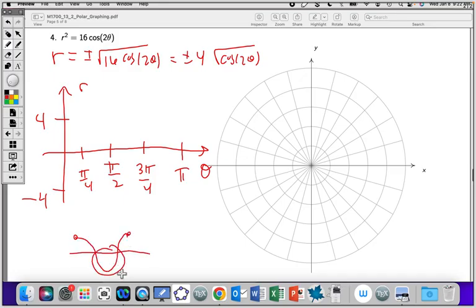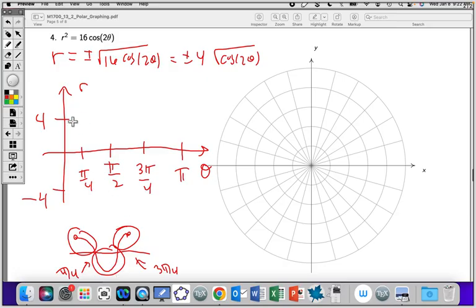Anytime I go below the axis, I'd be trying to take the square root of negative values. So that's just going to be undefined. So I'm really going to get a graph here between 0 and the first quarter mark here, which would be pi over 4. And then between 3 pi over 4 and pi. These are the only values I'm going to actually get a graph for.